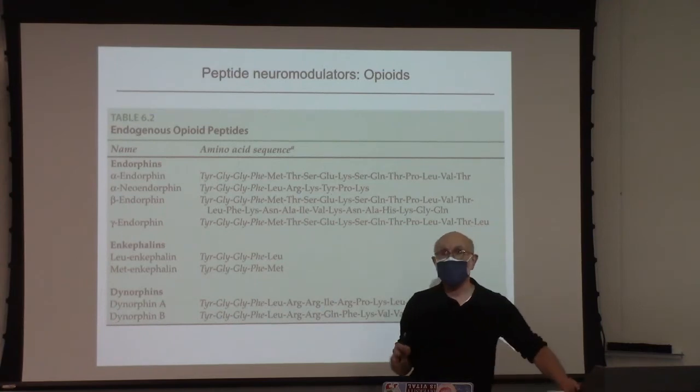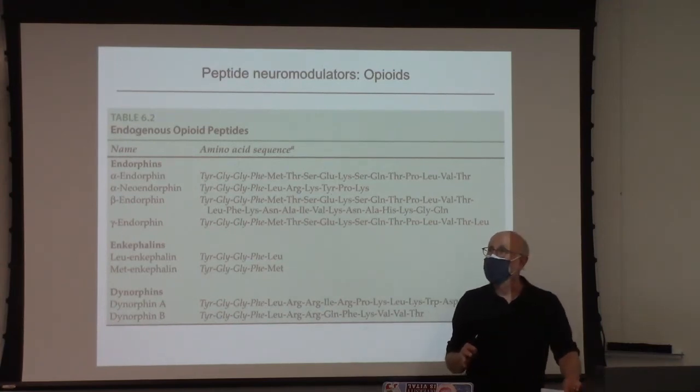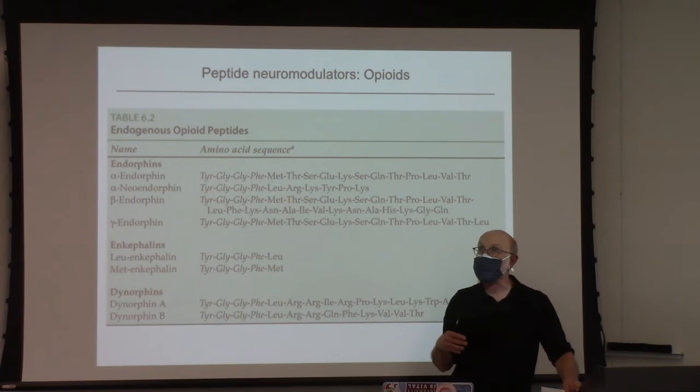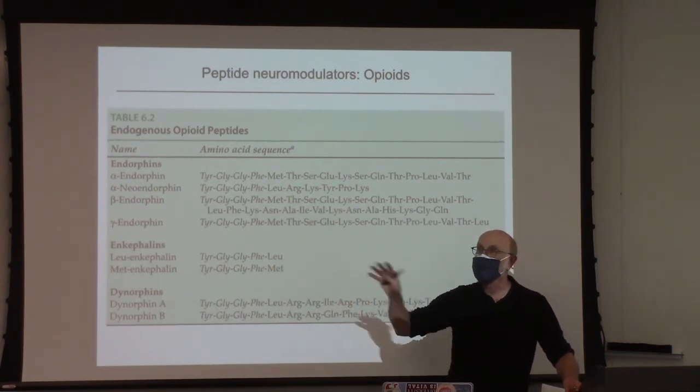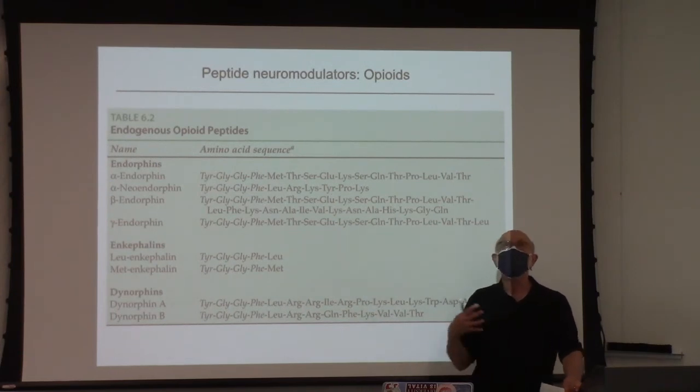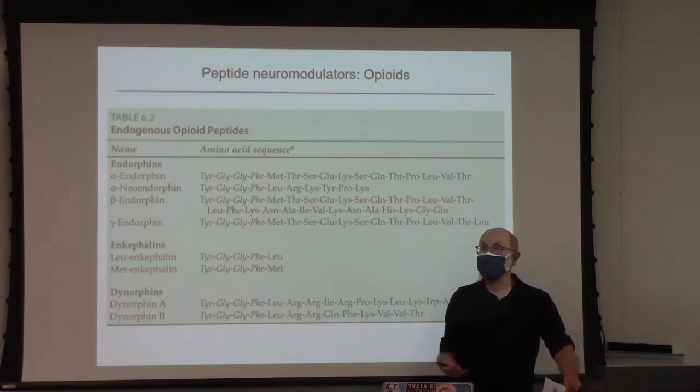So there's two ways we can hyperpolarize a neuron with GABA. GABA A receptors and chloride influx, GABA B receptors and potassium efflux. Both of those hyperpolarize, that's why GABA is inhibitory most of the time.